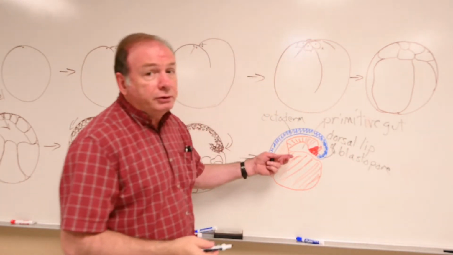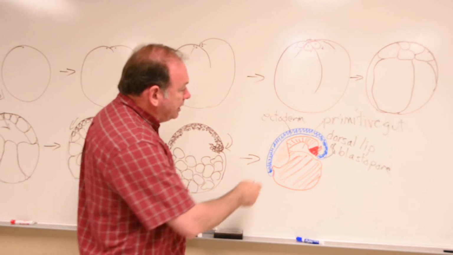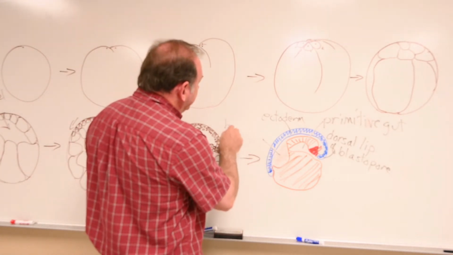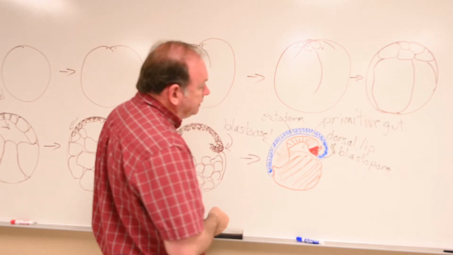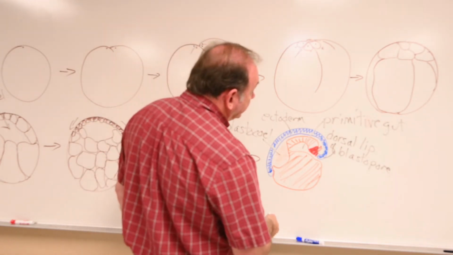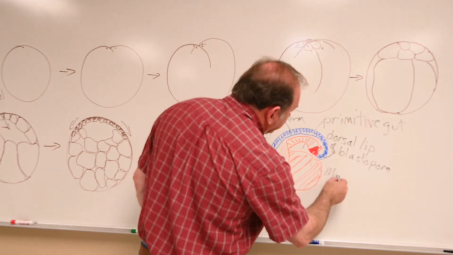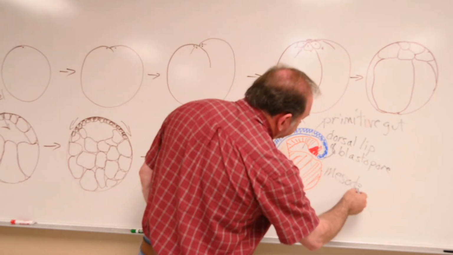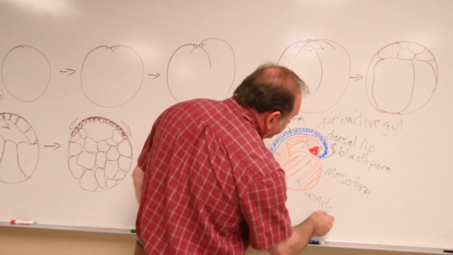Remember, it's also known as the archenteron or the gastrocele. Blastocele is still here. Mesoderm in red. Endoderm in orange.